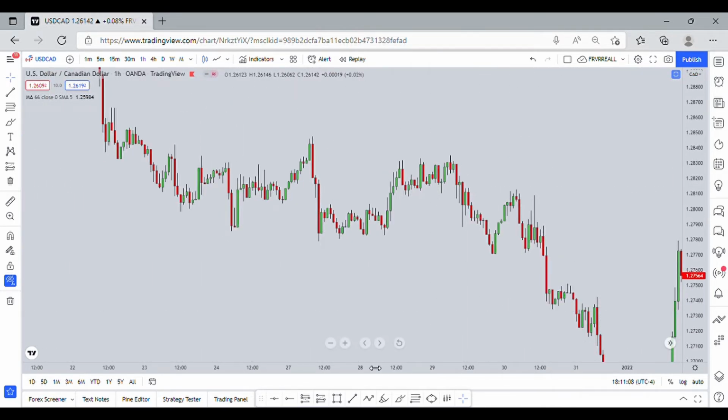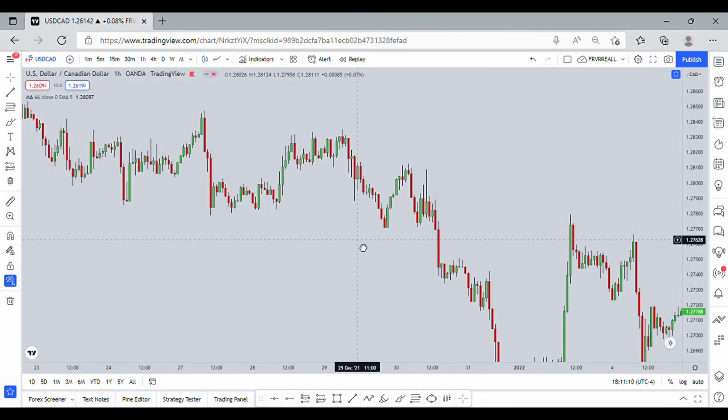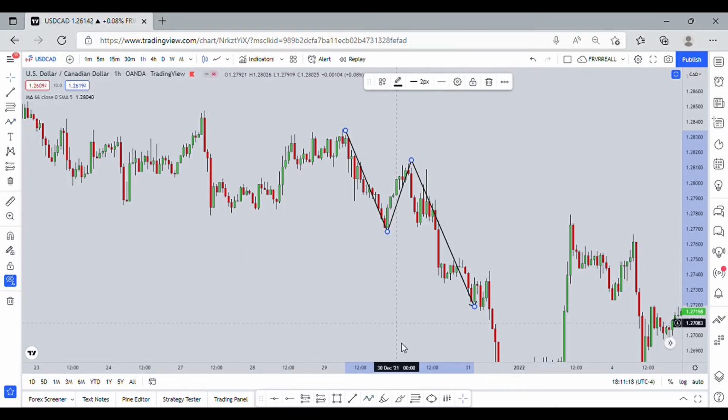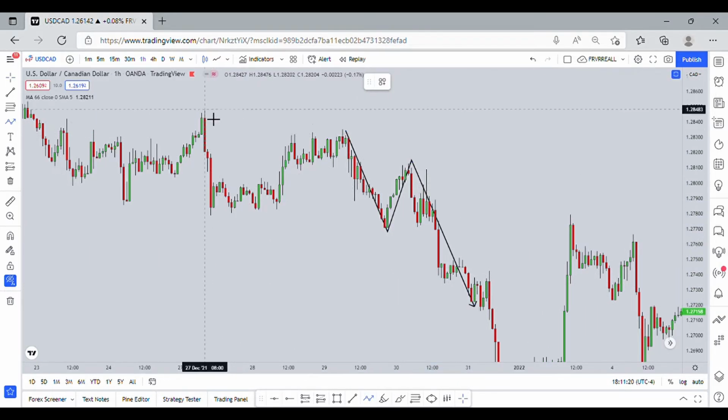Okay, here's one. Price is moving lower: lower low, lower high, lower low, etc. As you can see, this low is lower than this, and this high is lower than this, so it's a lower high. So this is definitely a downtrend.